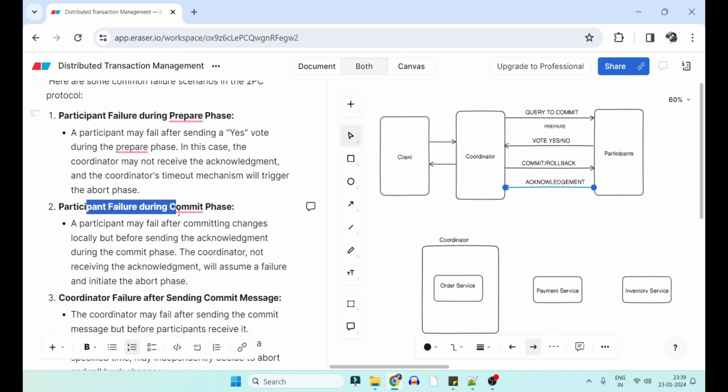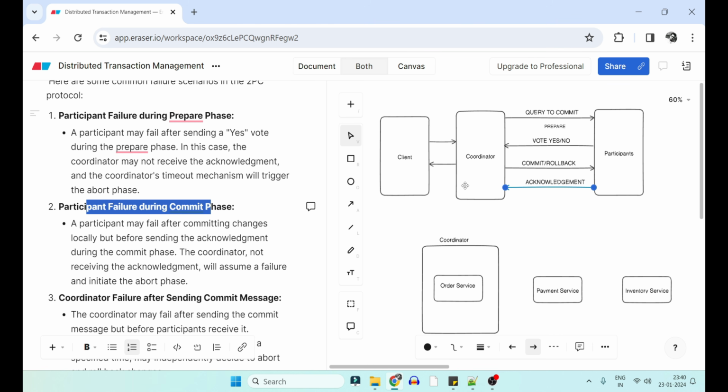So, this is a participant failure and the system might fail at that particular time. Also, participant failure can occur during the commit phase. Inventory service says, yes, I have inventory, go ahead. Payment service says, yes, I have valid payment details, go ahead. Now, during the commit phase, the inventory was not able to commit and reduce in the database. It knows it has the inventory, but it is not able to reduce the inventory from the DB because in the commit phase, inventory service went down.